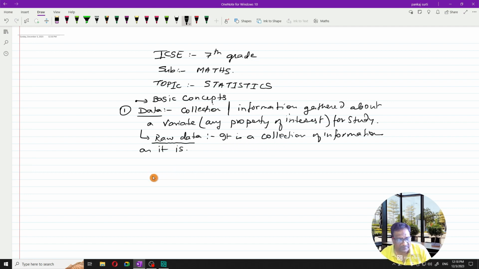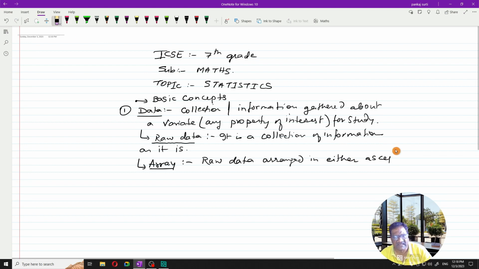Now this raw data has to be arrayed. Now what is arrayed data? Arraying a data, or arrayed data, is raw data arranged in either ascending or descending order.